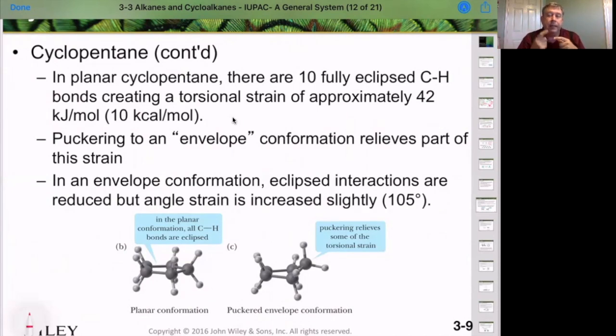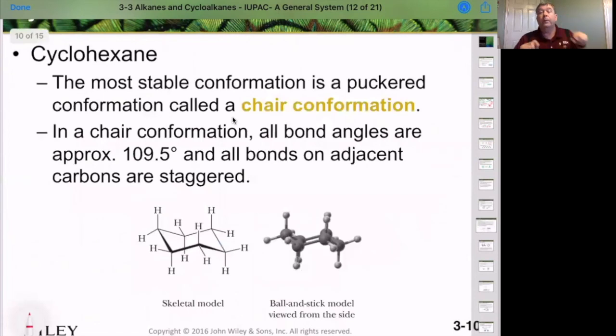So what we'll see is in cyclohexanes and cyclopentanes, we actually don't have flat rings, we actually have puckered rings. And in the case of cyclopentane, we call it the envelope conformation. Okay, when we have cyclohexanes, one side puckers up and the other side puckers down.